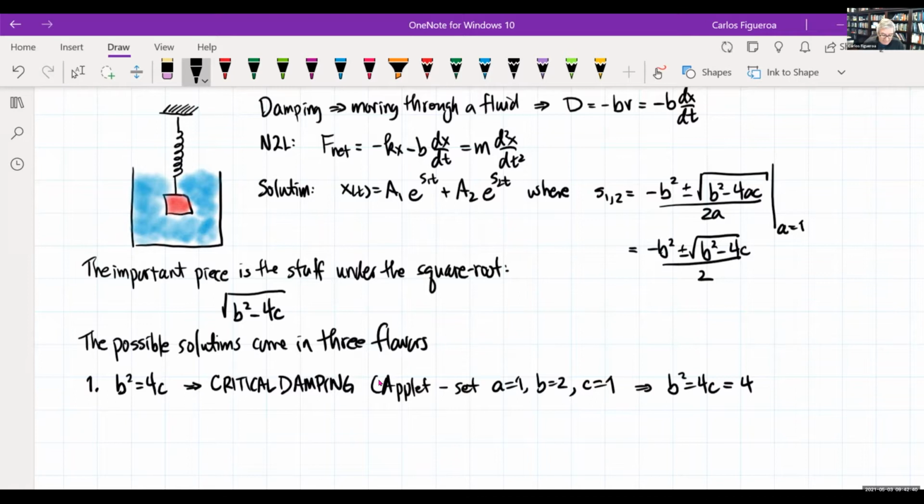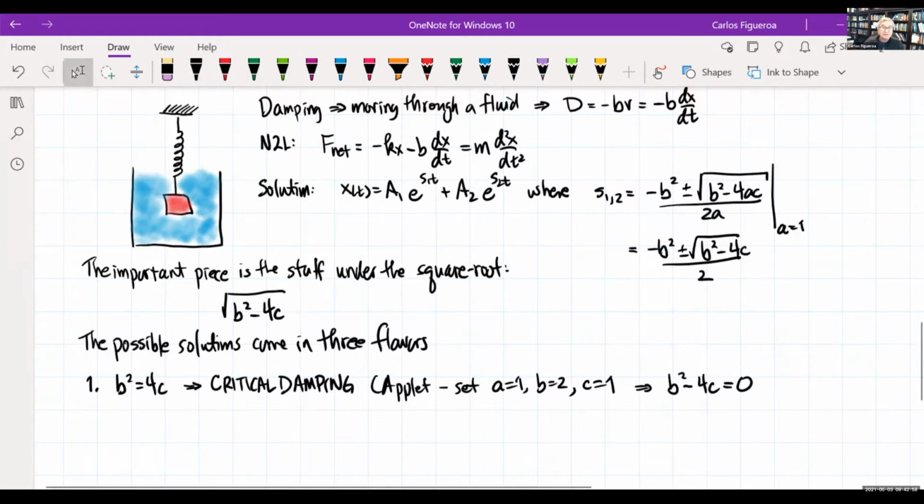So that gives me 4 minus 4, which is 0. Right? So if I actually put that in, maybe I should write it this way instead. I'm going to get this guy here, which tells me that the roots are equal.